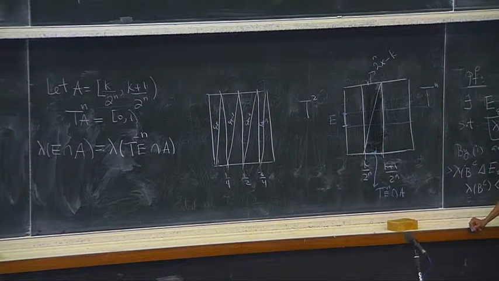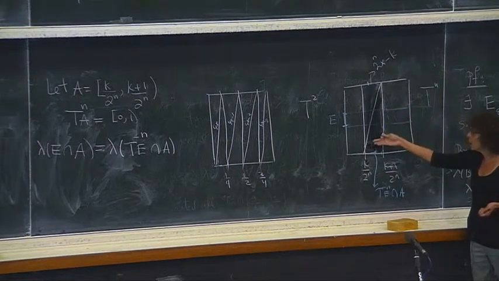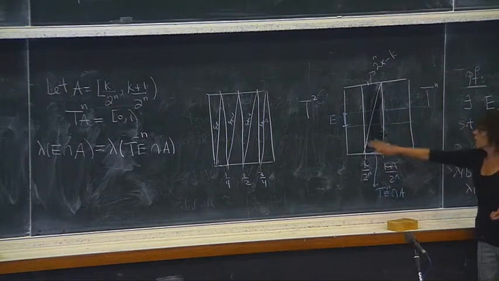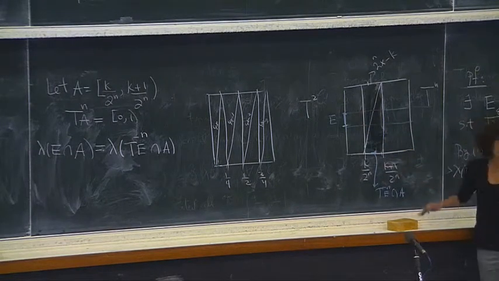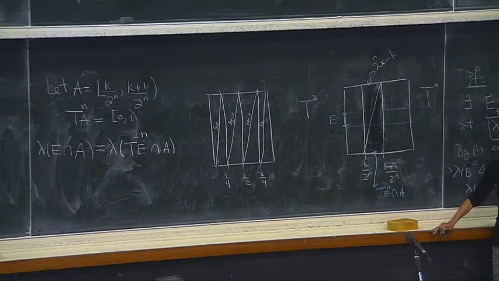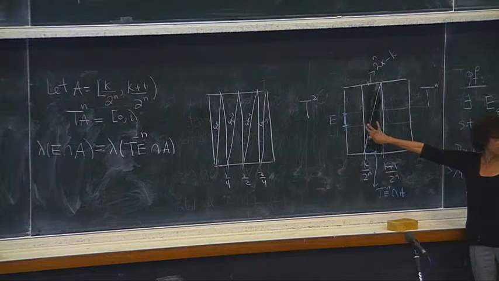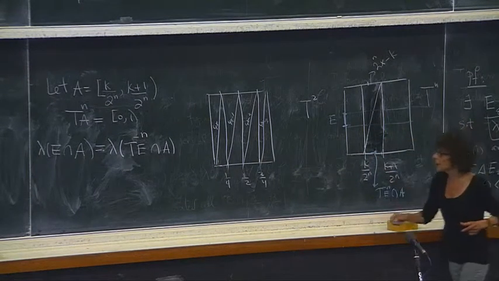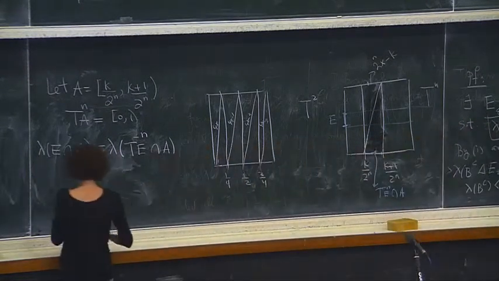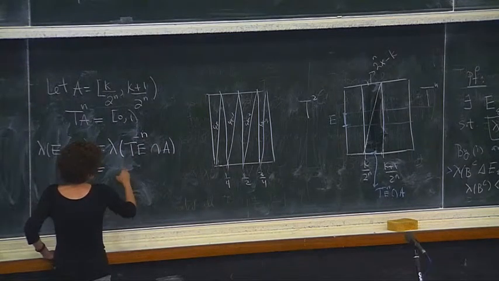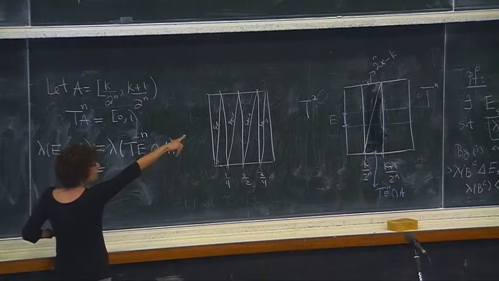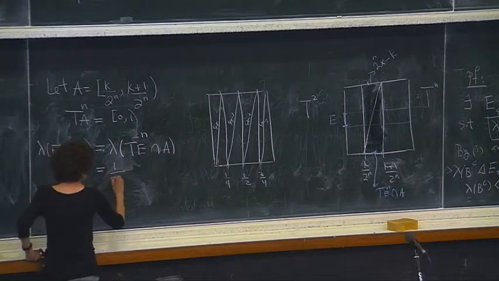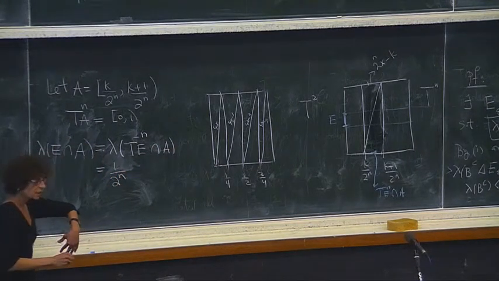Now, luckily, this map is linear and it's full. So when I go back, I'm shrinking E by the slope. The map has slope 2 to the n, so I'm shrinking it by the slope because I'm going backwards.